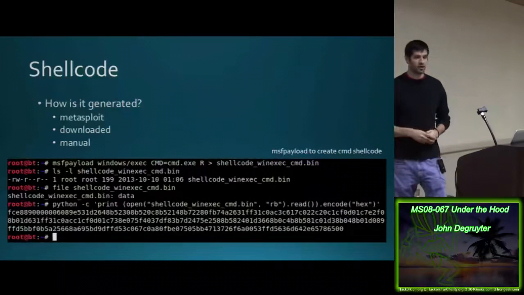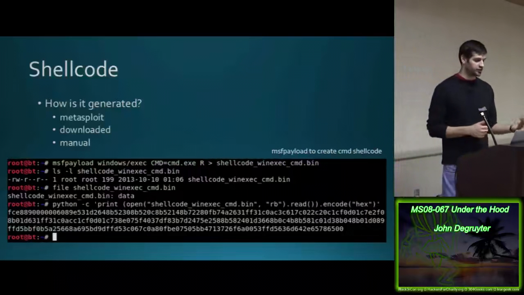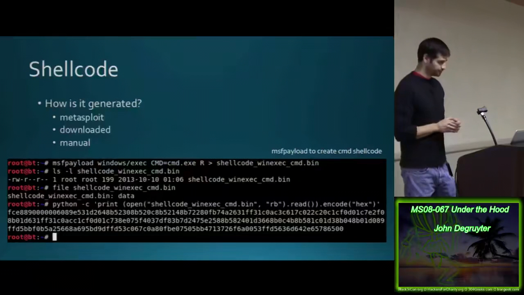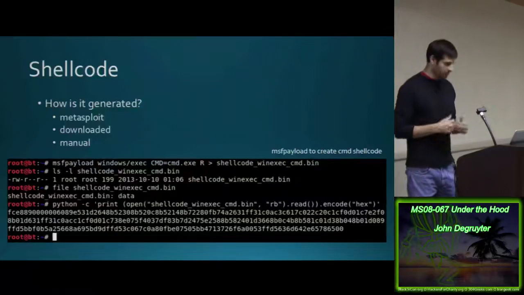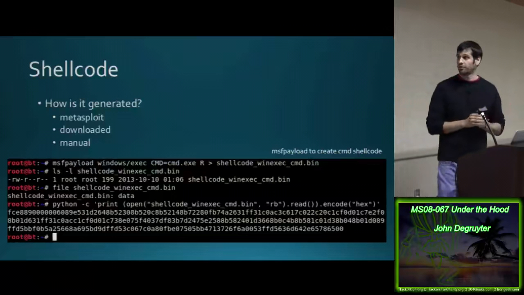Okay, shellcode. Most of the time, shellcode is generated with Metasploit, but there's other places you can get it. So you can download it manually and plug it in. You can modify existing shellcode if you're having problems on your target.